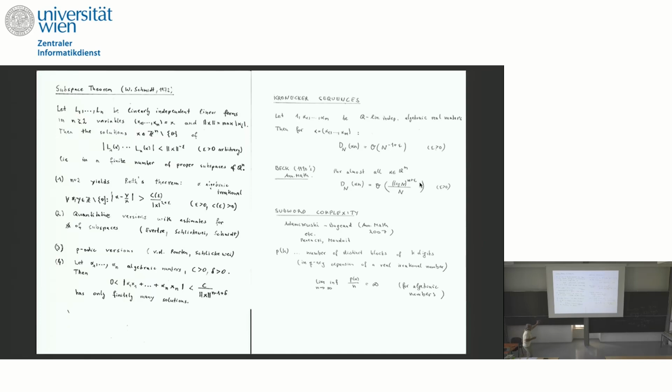For instance, consequence 4 here: if you have a linear form in algebraic numbers satisfying this Diophantine inequality, C over norm n to the minus 1 plus a small delta, it has only finitely many solutions.